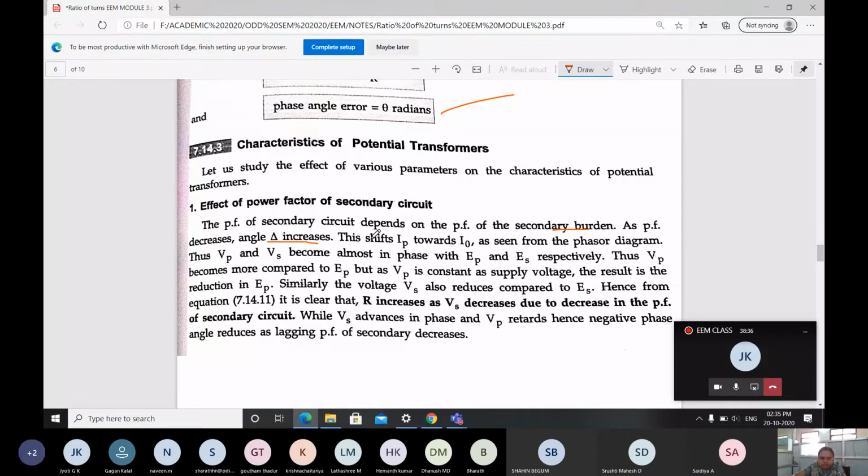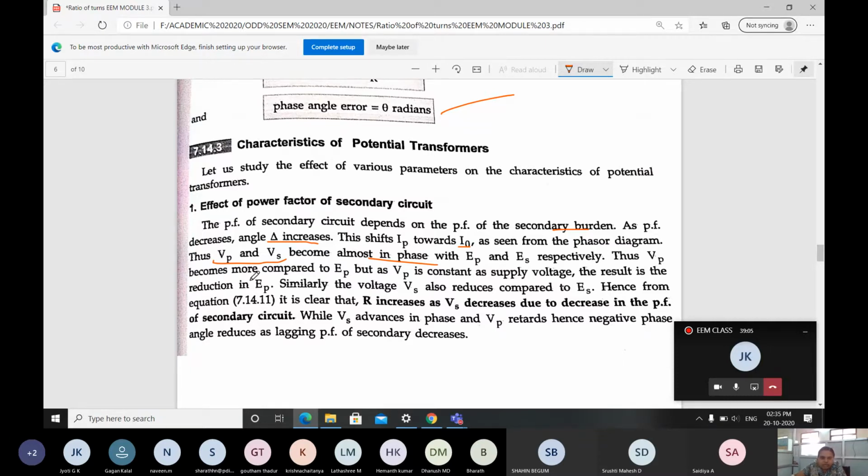Due to the change in delta, IP shifts towards I naught, as seen from the phasor diagram. VP and VS become almost in phase, with EP and ES, the EMFs of the primary and secondary respectively.